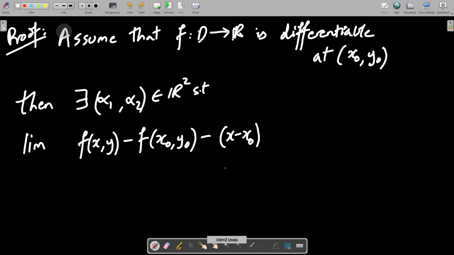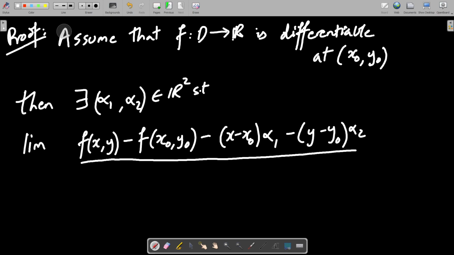alpha 1 and (y minus y naught) times alpha 2. So basically what I've done is put h equal to x minus x naught, k equal to y minus y naught. I've not done anything new. I've done this many times when doing single variable differentiation. This is a normal trick of replacing h with x minus x naught.